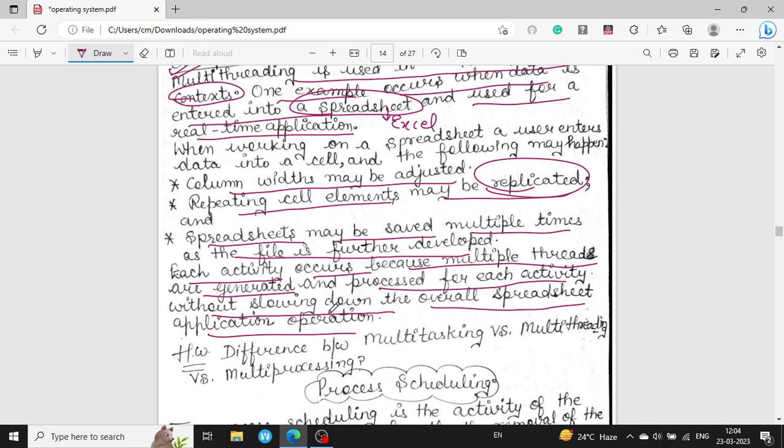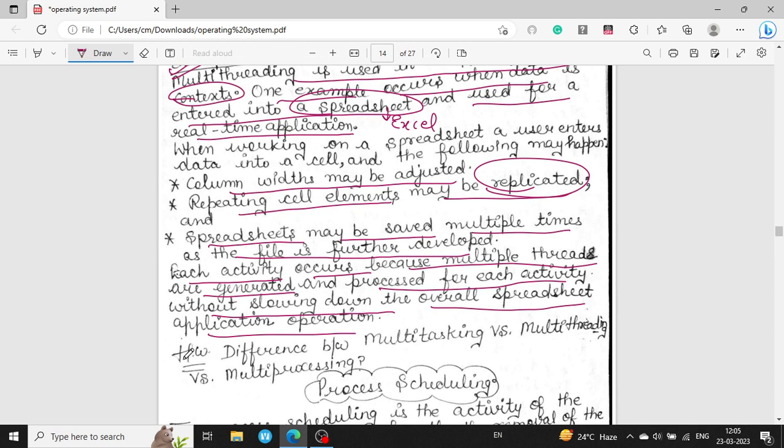When we work in a cell, we have to adjust column widths. Sometimes when we repeat the cell elements they may be replicated, and spreadsheets may be saved multiple times as the file is further developed, and each and every activity occurs because multiple threads are generated and processed for each activity without slowing down the overall spreadsheet application operation.